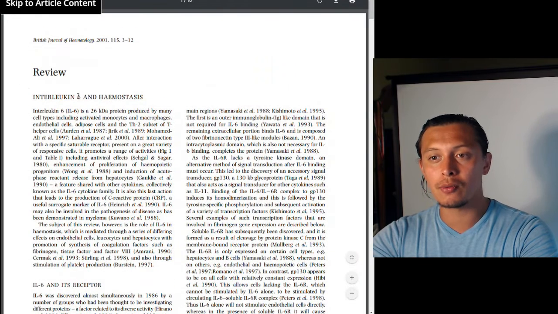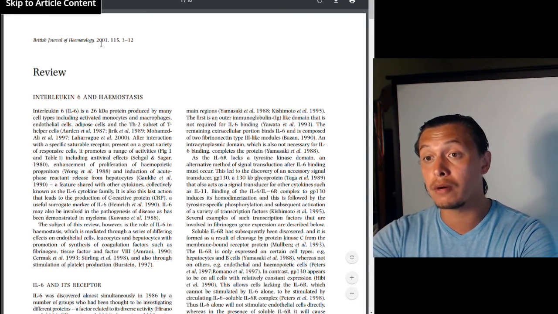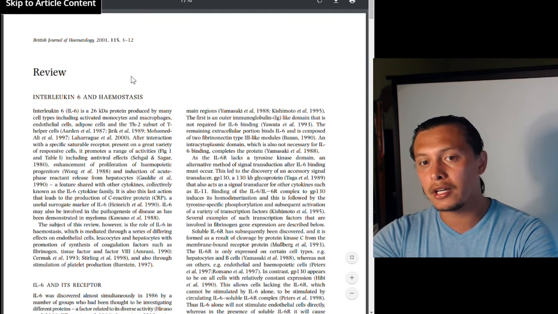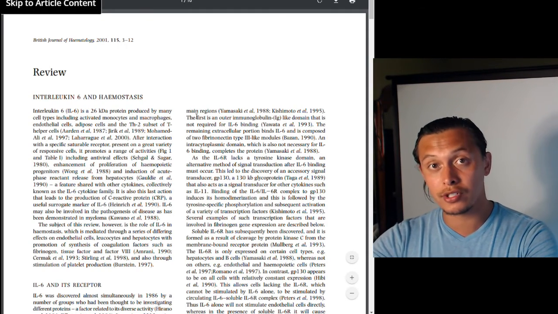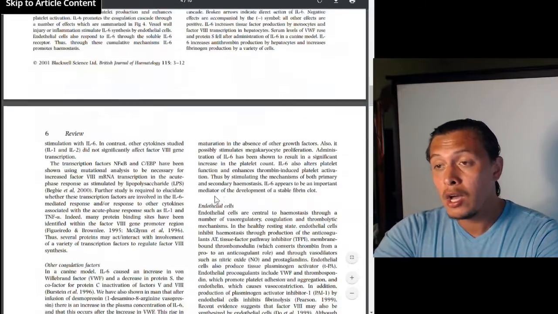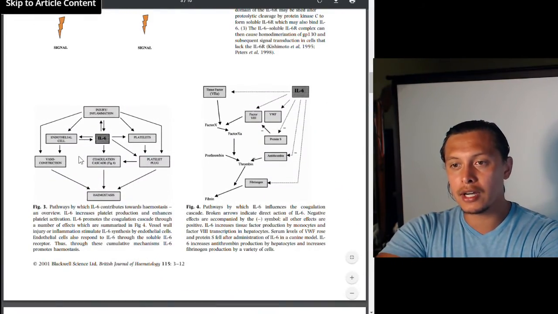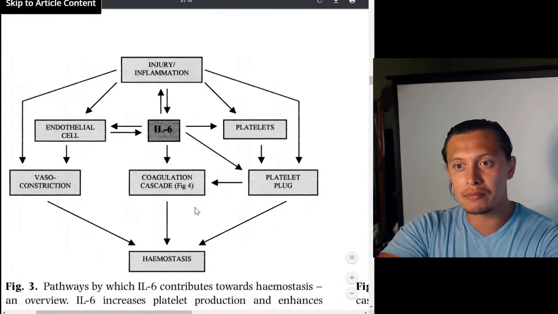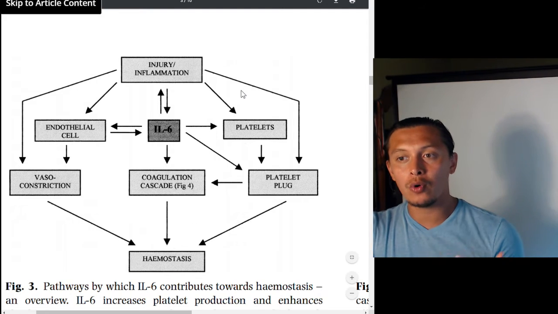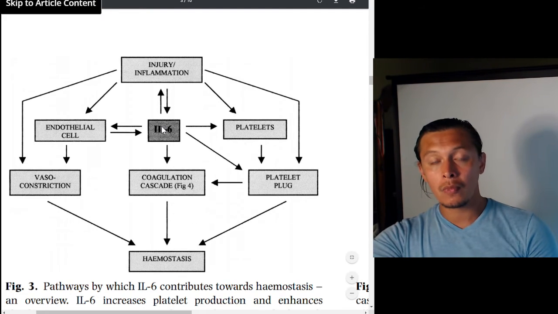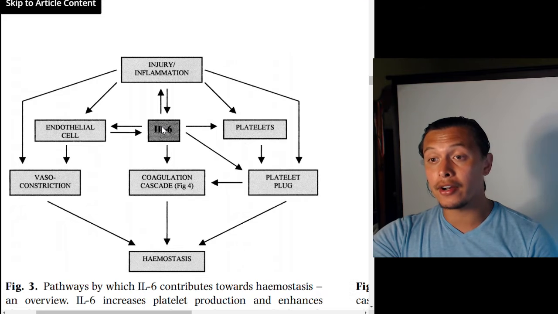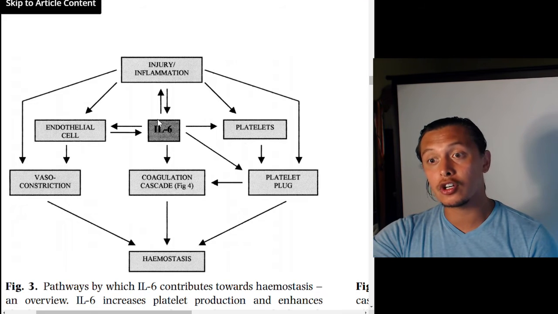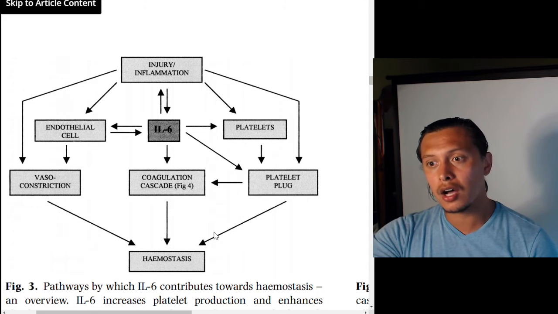This is a review, and it is actually a very old article, from 2001. There's probably a lot more research on it now, but I chose this because it has some nice diagrams that help demonstrate how interleukin 6, which we know is upregulated by iron, can cause blood clotting.